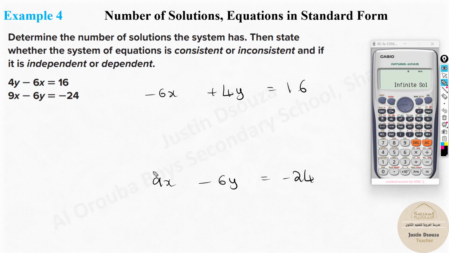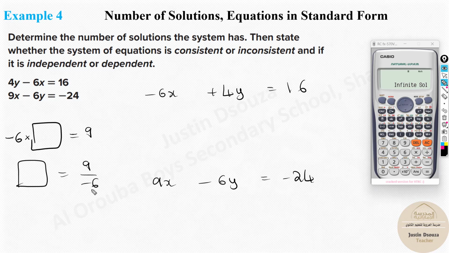How do you do that is, you have minus 6, right? You need to multiply that with some number to get how much? 9. How much is it? So this some number is basically 9 divided by minus 6, so it will be minus 3 by 2.